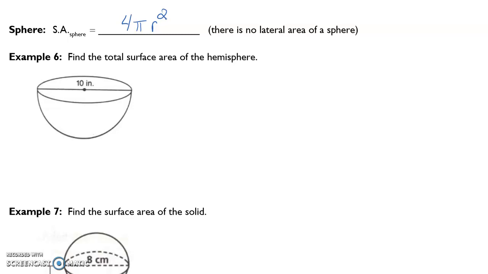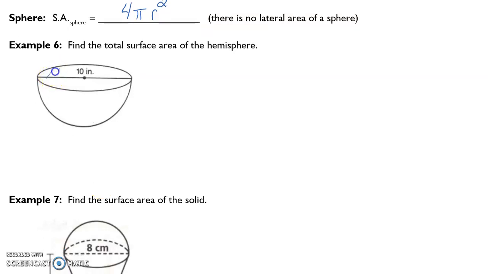However, when we're dealing with a hemisphere, if it's a part of it that we can touch, this base, in this case, let's show that a little different. So if I highlight this base, that's something that can be touched. That has to be counted in my total area.